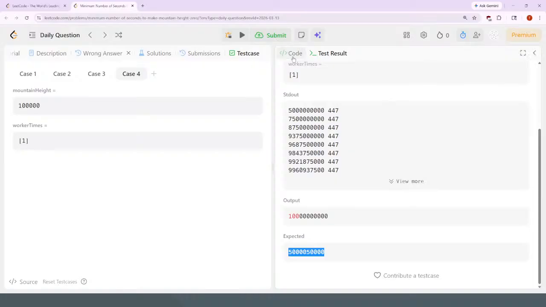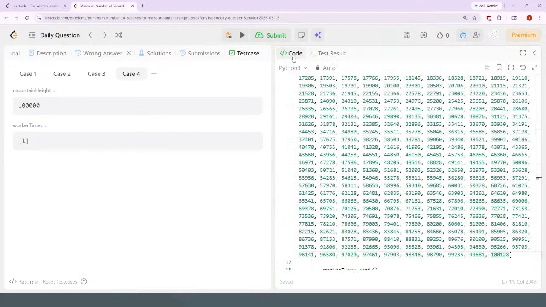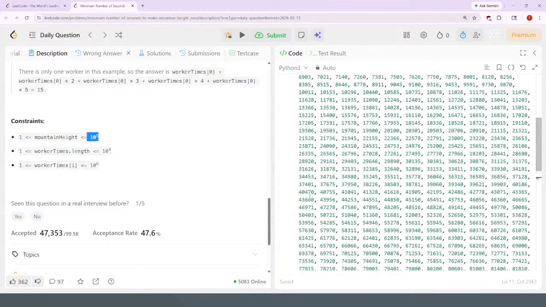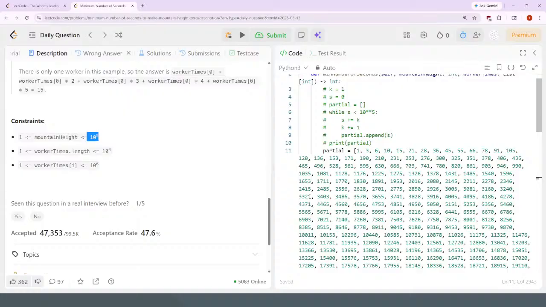Because the mountain height is... Yeah, this is too big, huh? It would need to be 10 to the 5th. I need to have 10 to the 5th values in the pre-compute, which is quite large.